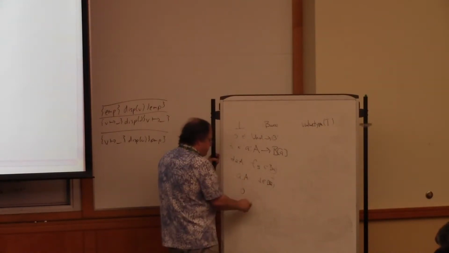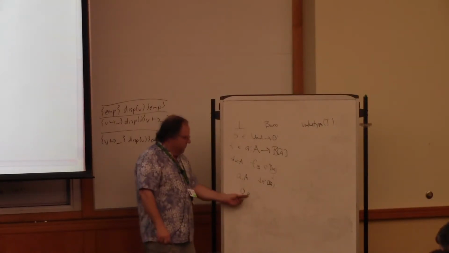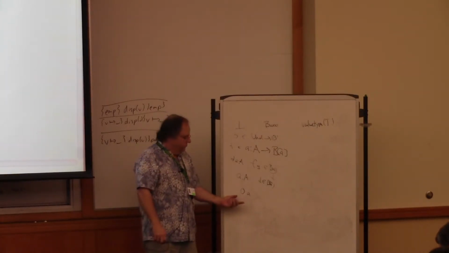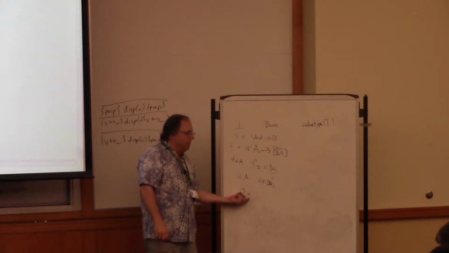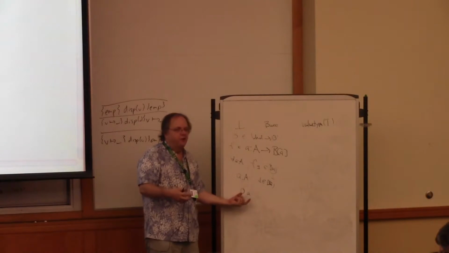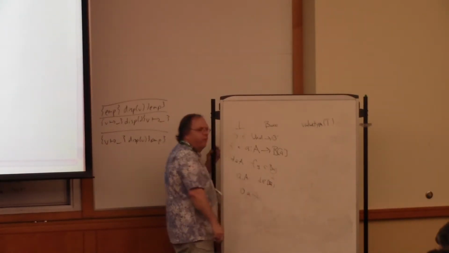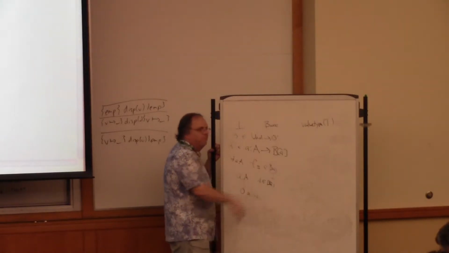Then still 0 applied to a is kind of a nonsensical thing. You can't apply it, so it's stuck. It doesn't do anything, and so therefore it doesn't compute to any canonical form. So therefore it's squiggle equal to bottom, and if bottom is in this type, then that's allowed.